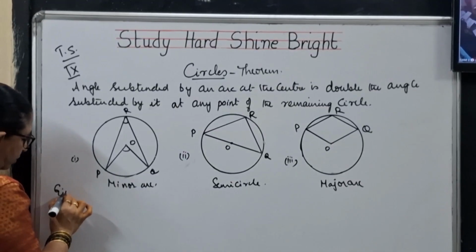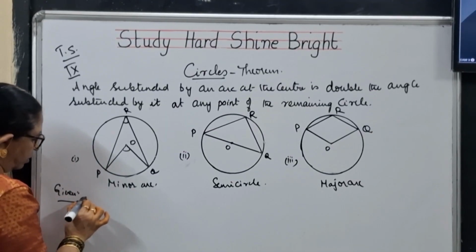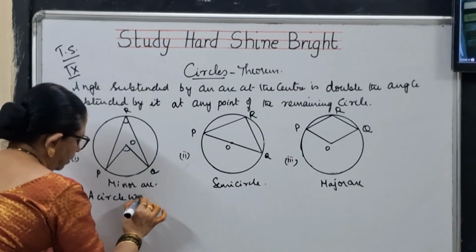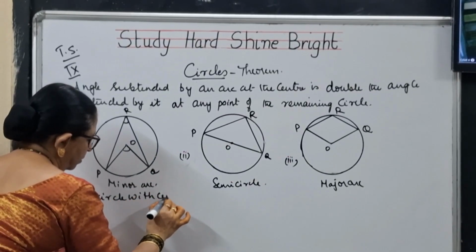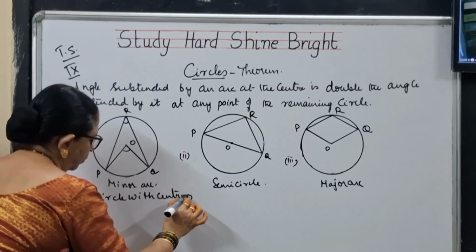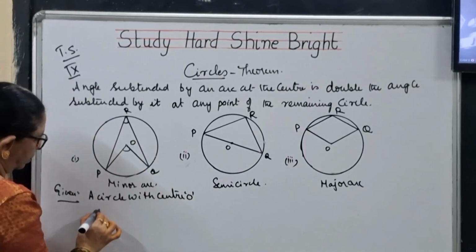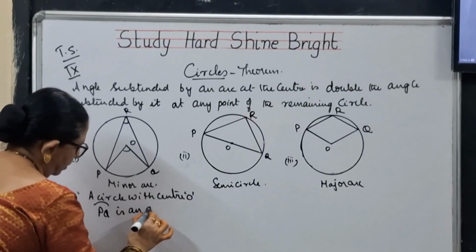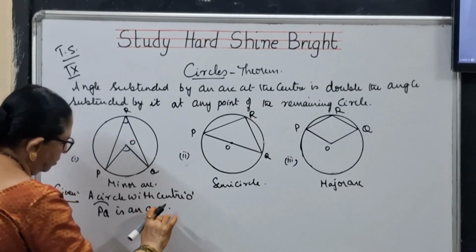So what is given to us? We have got a circle with center O, and PQ is an arc.